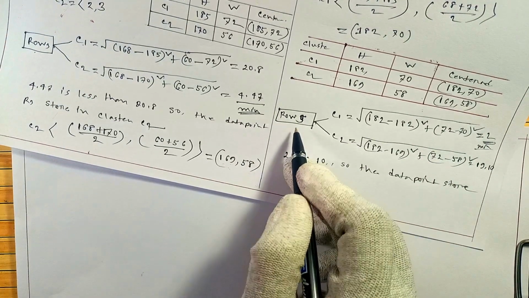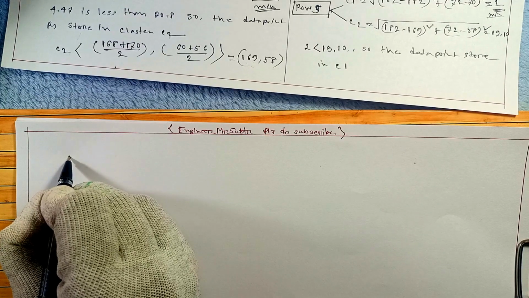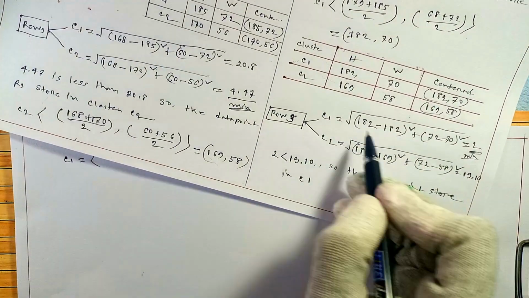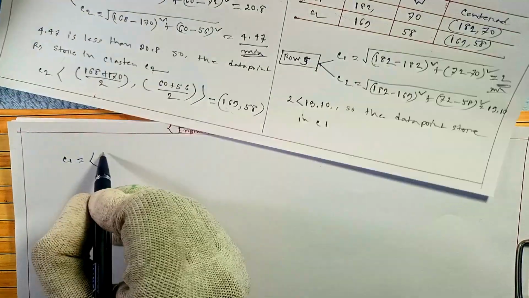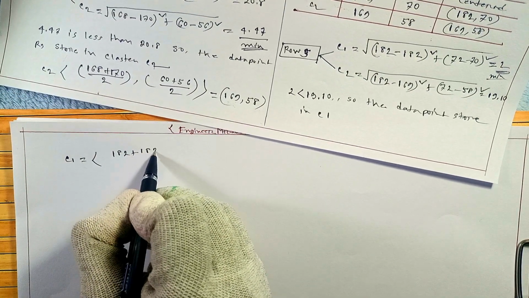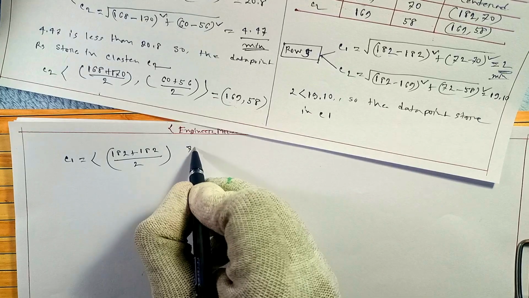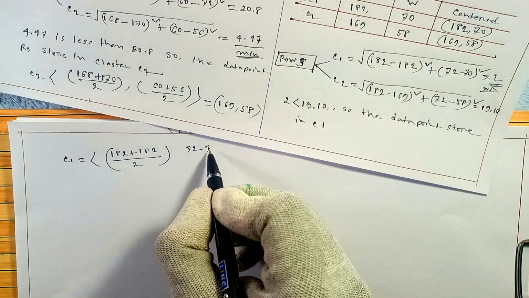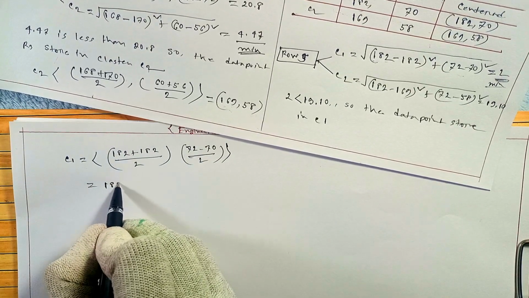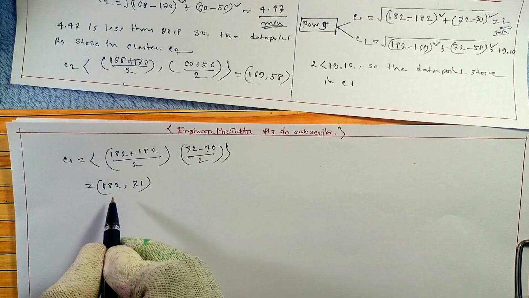Now we have to update the value of C1. The new value will be 182 plus 182 by 2, which is 182, and 72 plus 70 by 2, which is 71. So we got our new C1 value, 182 comma 71.